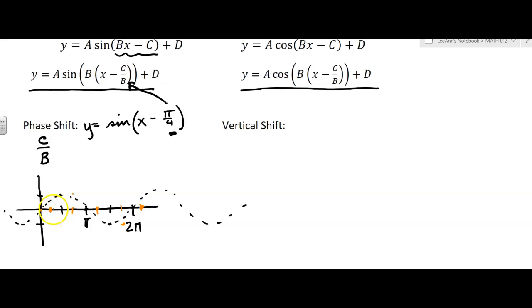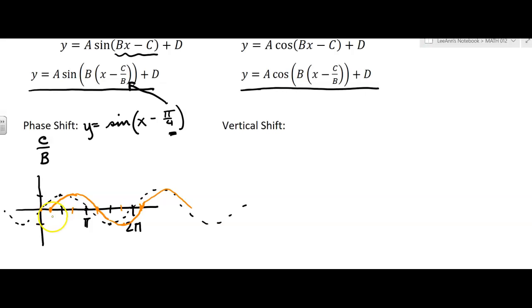Okay? So now my curve is going like this. It's still the same shape. It's just the whole curve, think of it like a slinky, is shifting. And it would keep going. It's like starting in a different place. It's not starting at 0, 0 now.